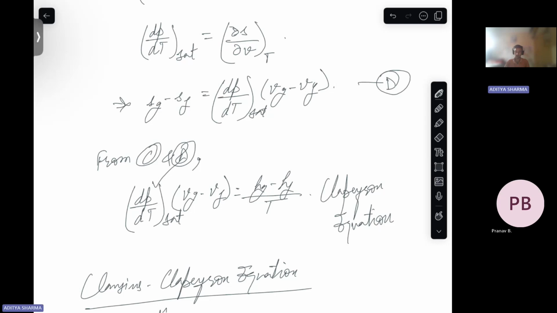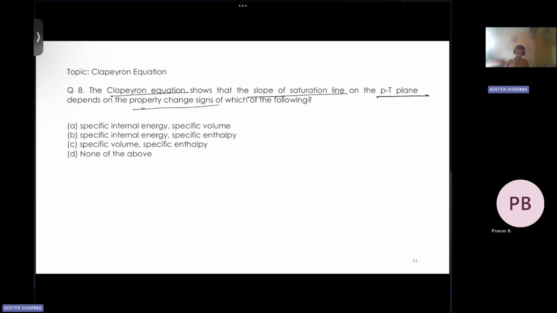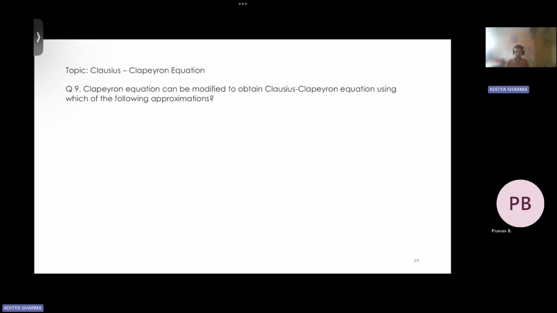Though we have already seen that it will be positive, so it means that the signs of these two properties will be in such a manner that the slope d by dT of P saturated is positive, right? So here, if you see specific volume and specific enthalpy, this third option is correct. Okay. So moving on to next question.